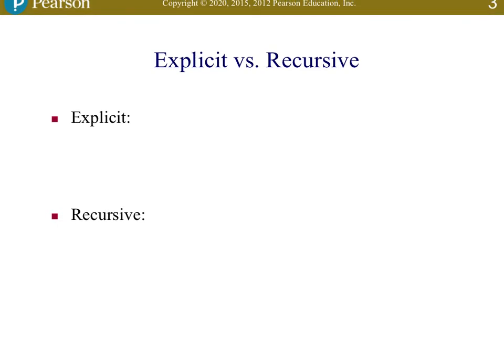So sequences can be defined in what we call explicit or recursive ways. An explicit sequence is determined by its connection to the positive integers.